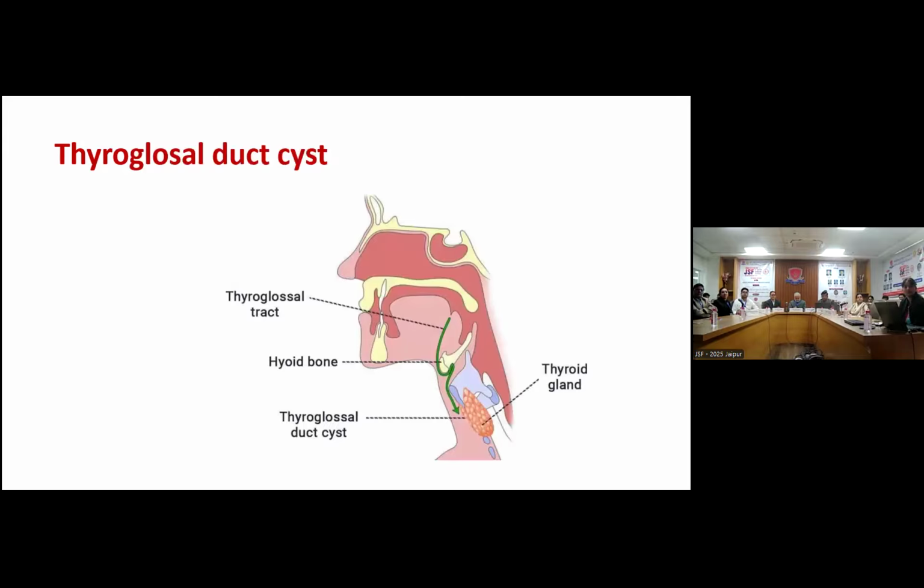So starting with the embryology, the gland takes its origin during the embryo as a thyroglossal tract which descends from the base of tongue, the starting point being the foramen cecum, and it descends in relationship with the hyoid bone to reach its ultimate location in the lower neck.